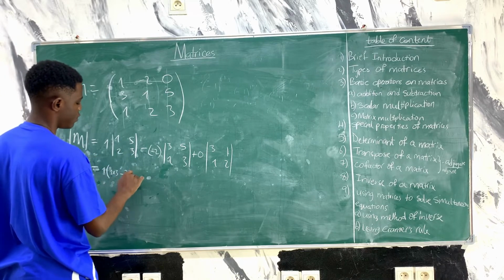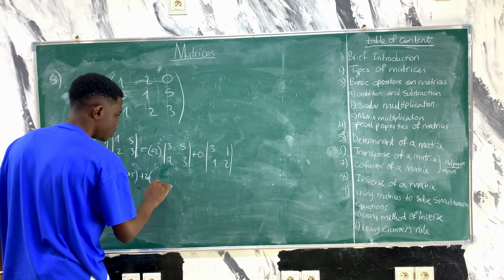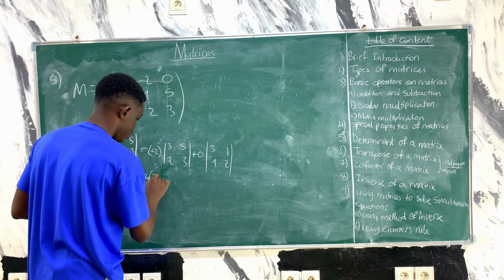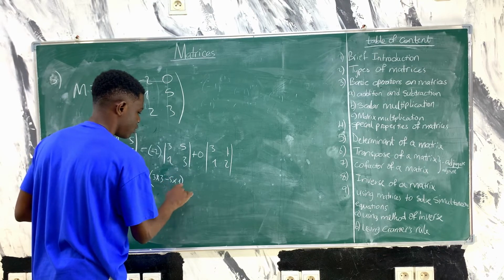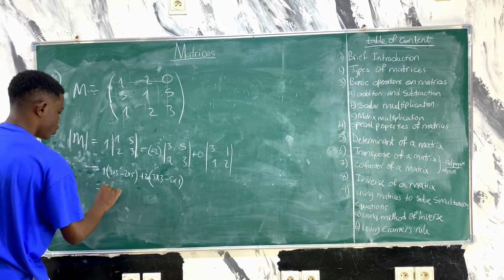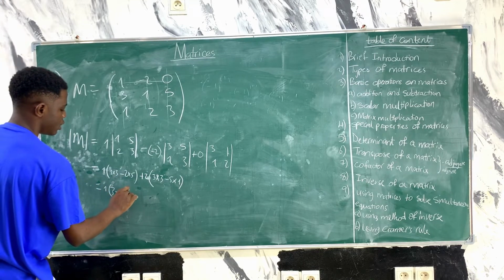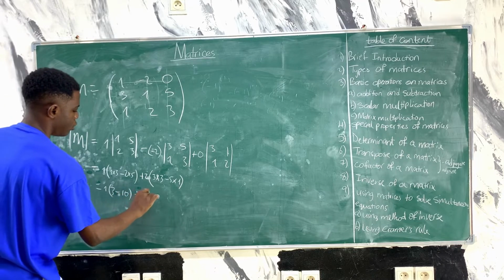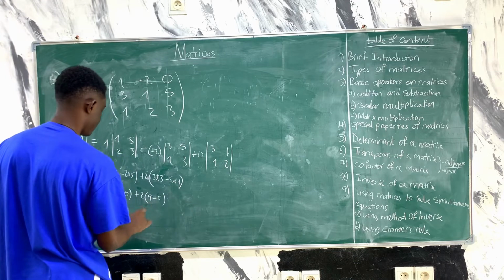Good. So from here, it is equal to 1 into 1 times 3 minus 2 times 5. Minus 2 is the same as plus 2 into 3 times 3 minus 1 times 5. Now plus 0 times anything is 0. So it is equal to 1 into 3 times 1 is 3, minus 2 times 5 is 10, plus 2 into 3 times 3 is 9, minus 5 times 1 is 5.